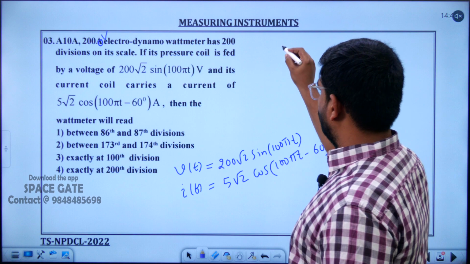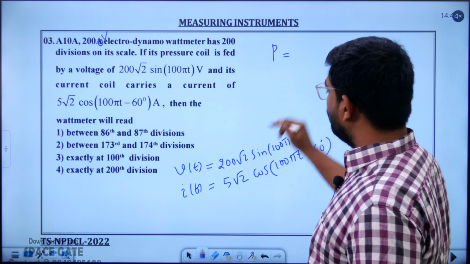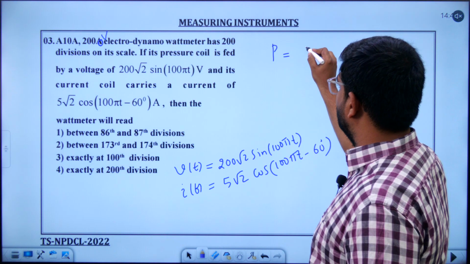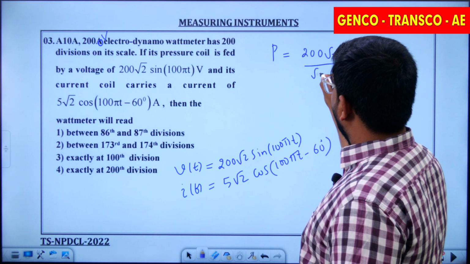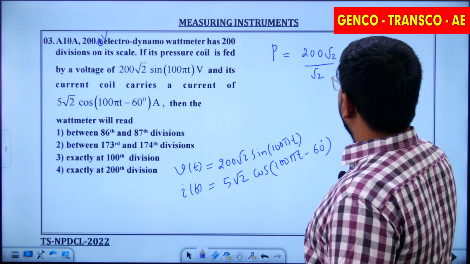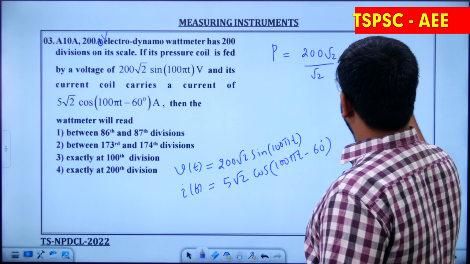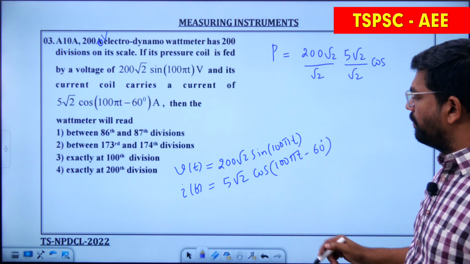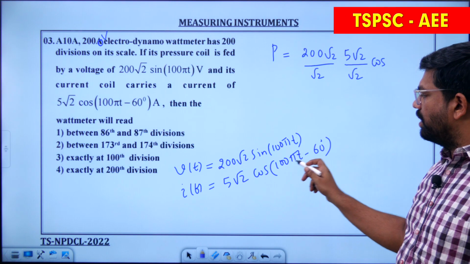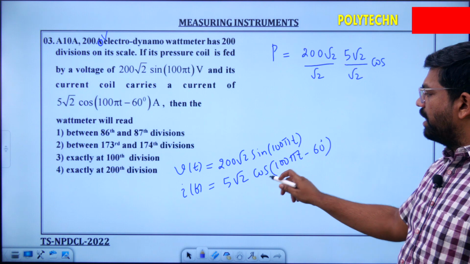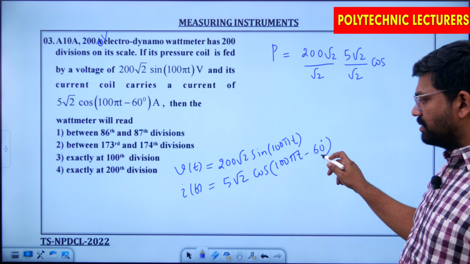Now if you observe, how will the wattmeter reading be? Vrms, because the instantaneous expression is given. So 200 root 2 by root 2, current Irms 5 root 2 by root 2, cosine of what is the phase angle difference here? One is sine, the other is cosine. So if you convert, sine 100 pi t plus 90 minus 60 means we will get 30 degrees.